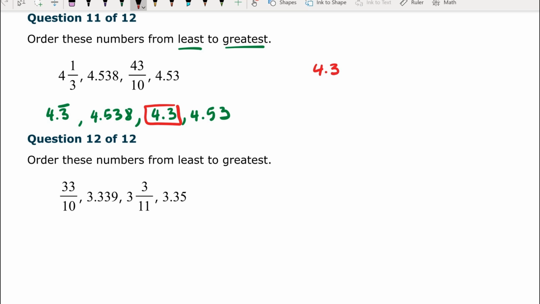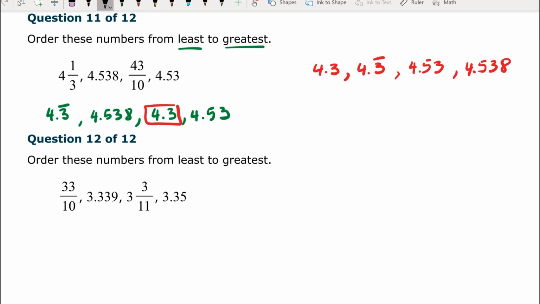So 4.3 is the first one. The next in line will be 4.3 with a bar. And the next one would be 4.53. And the last one is 4.538. The extra 8 will make this bigger than the other.